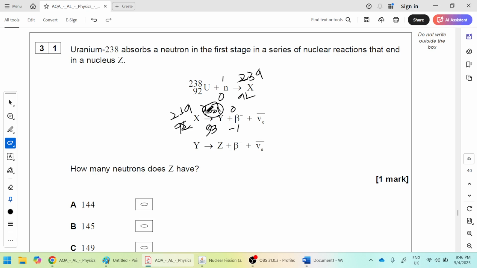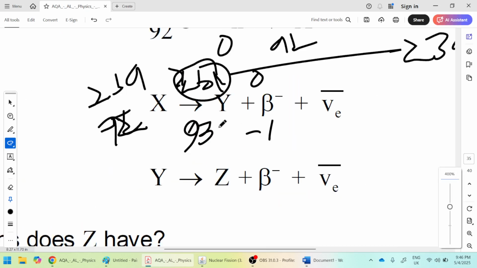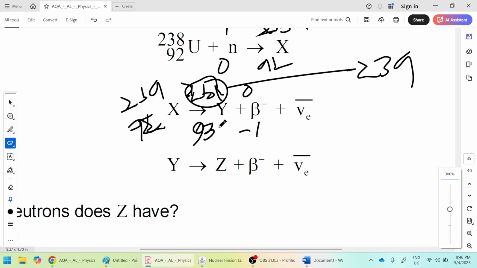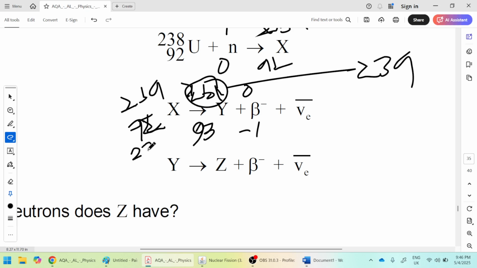But this is 239, okay? It's not appearing. Zoom in there, that'll help. 239. So Y has 239, 93. Okay. This is 0, minus 1. Balancing out, this is 94. This is 239.